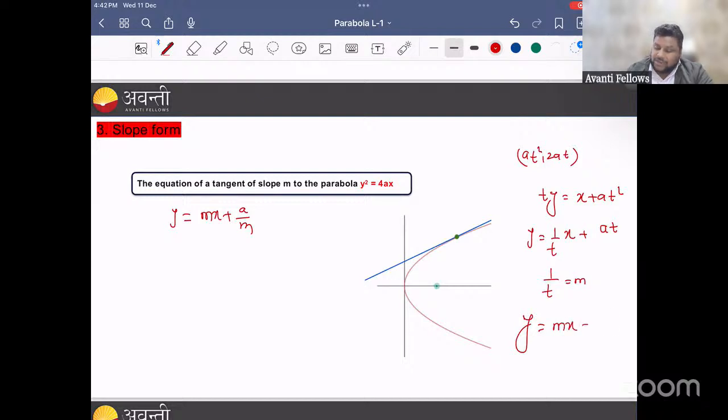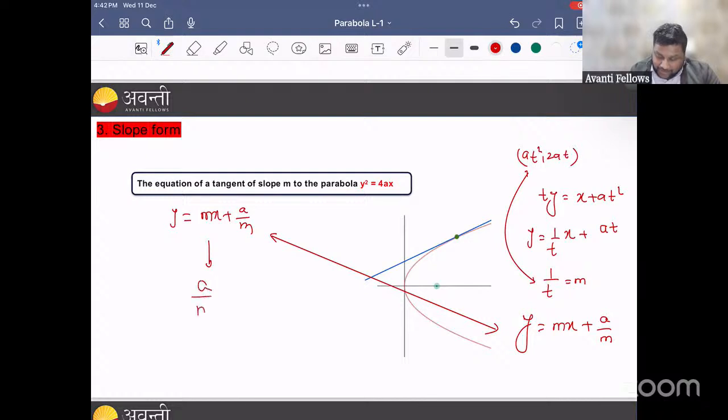So y equals mx plus a upon m. Got it? Now see, these two equations are correlated. Same. That means the point of contact can also be obtained using this same substitution. So its point of contact will be (a by m square, 2a by m).